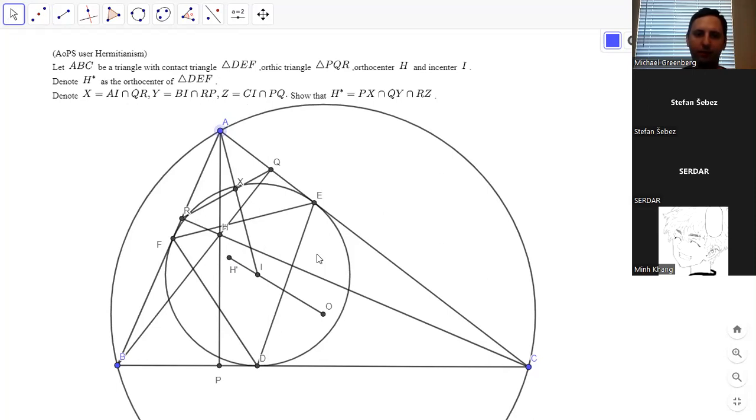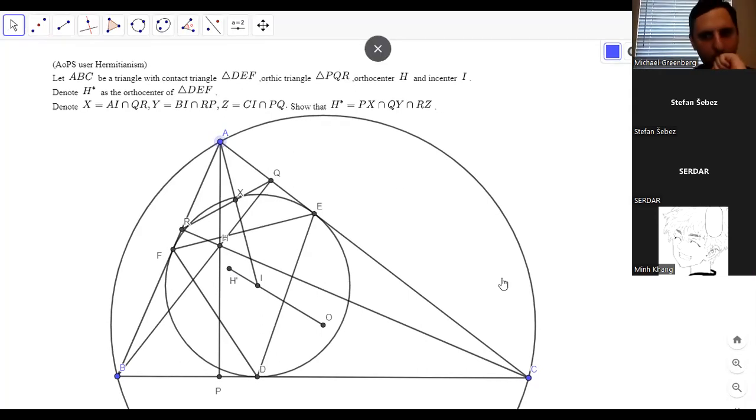Okay. This is just an inversion. Okay. Sorry. Oh, Robbie just wrote it. Yeah, they're collinear.